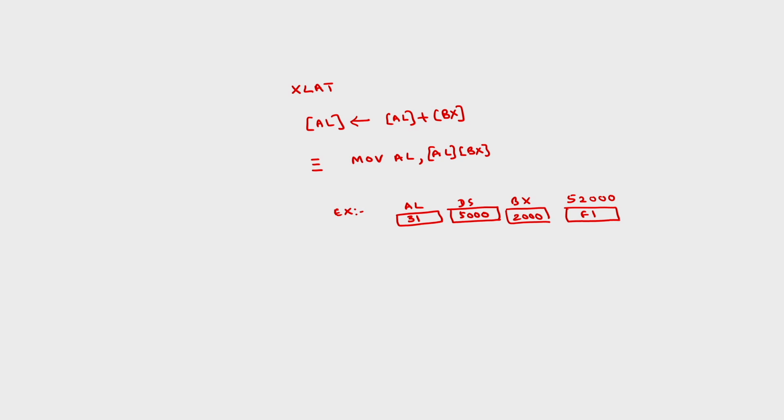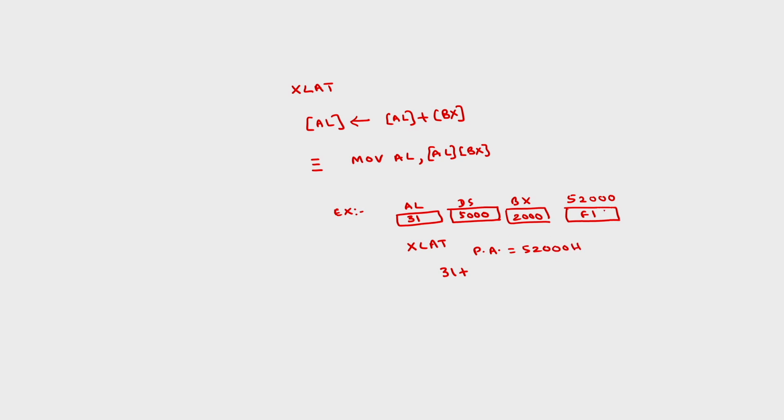Before the execution, if I write XLAT, the contents of AL become the contents of the memory location pointed to by AL 31 plus BX, whose physical address will be 52000H.